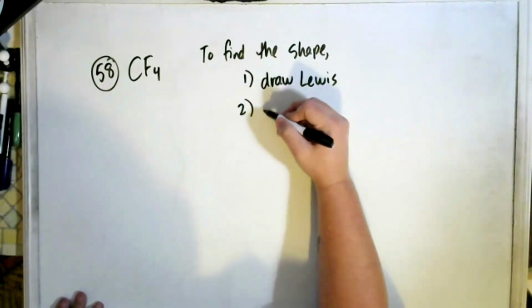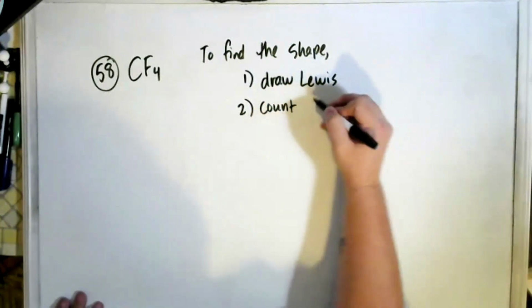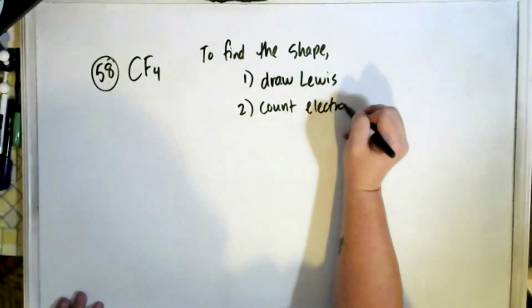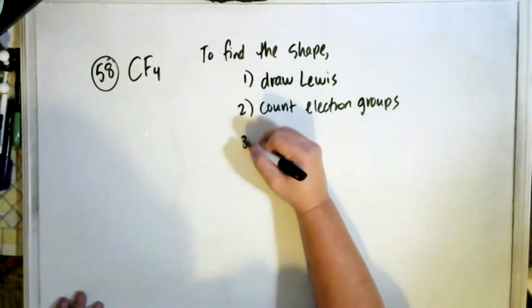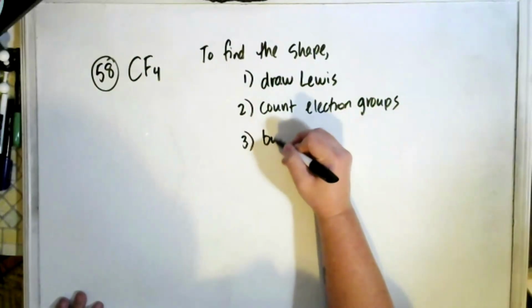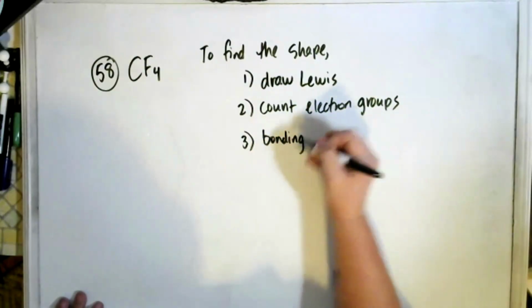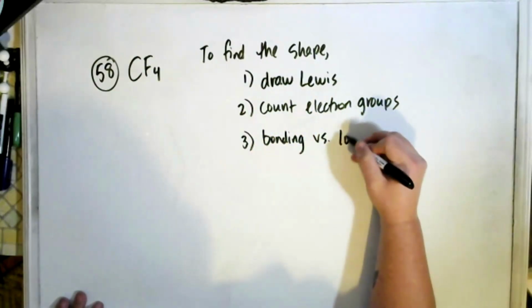And then second, you're going to count your electron groups. And then you're going to do your bonding versus lone pair count.